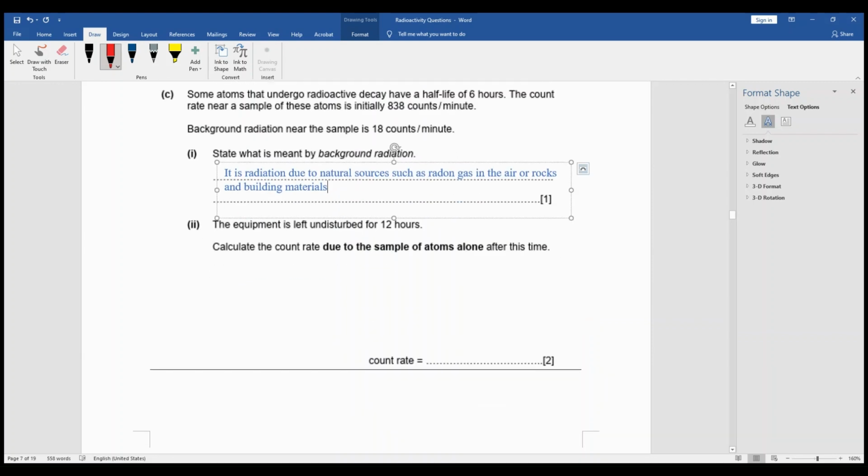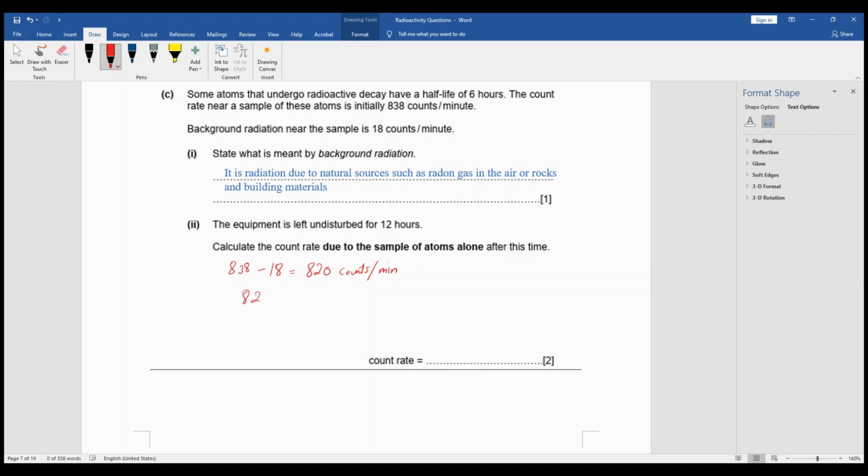The equipment is left undisturbed for 12 hours. How many half-lives has it gone through? The half-life is 6 hours, so we have gone through 2 half-lives. So from 838, we have to minus away first for the count rate. So 838 minus the 18 will give me 820 counts per minute. This is the initial count, and I have gone through 2 half-lives.